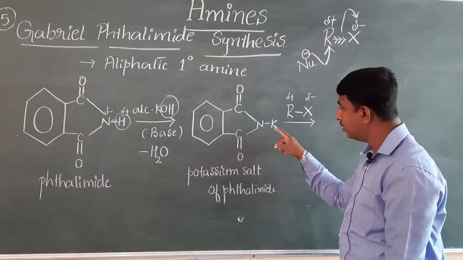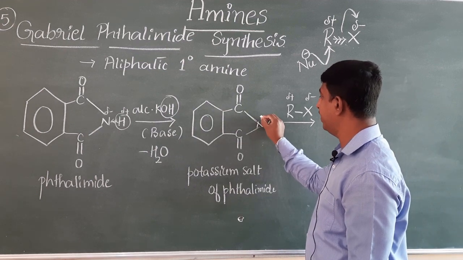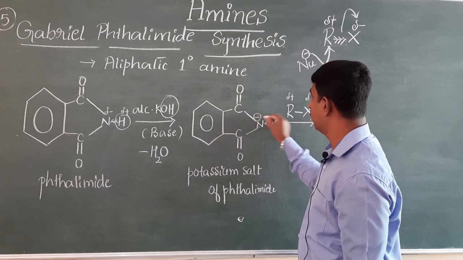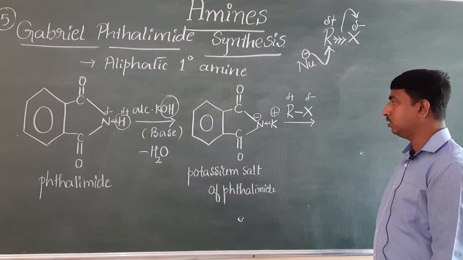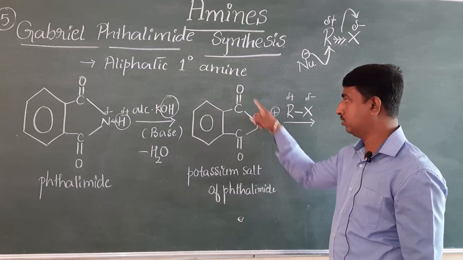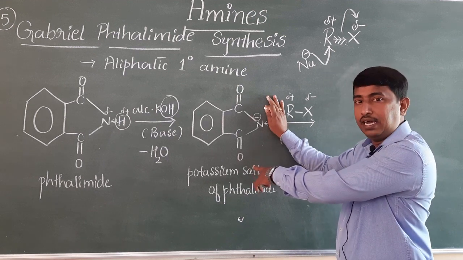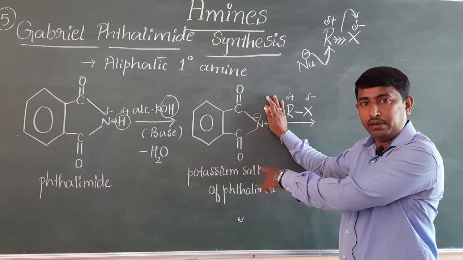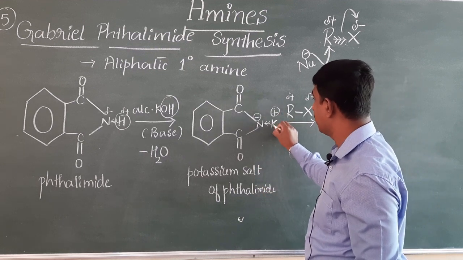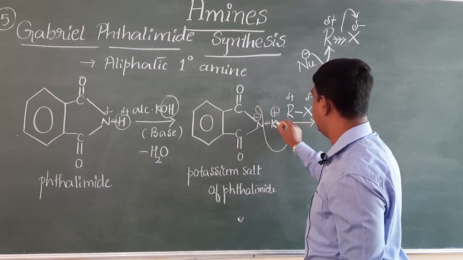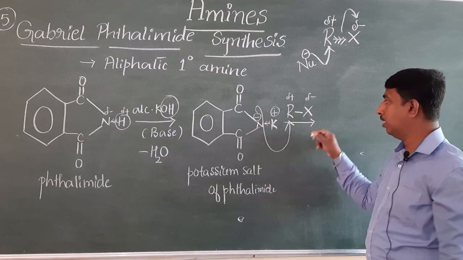Now, what about nitrogen and potassium? Nitrogen is more electronegative, so it is negatively charged, and potassium is positively charged. This N minus is the thalamide ion, and it acts as a nucleophile and readily attacks the alkyl halide, attacking the positively charged carbon.